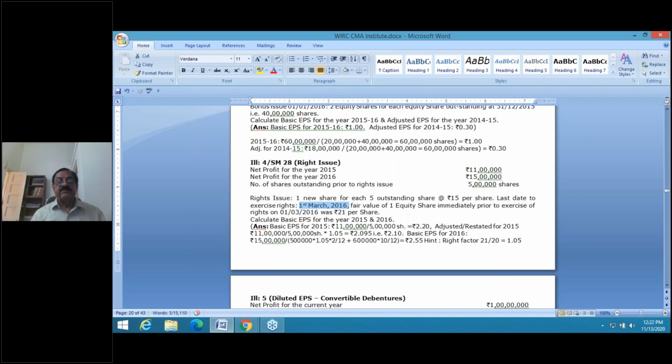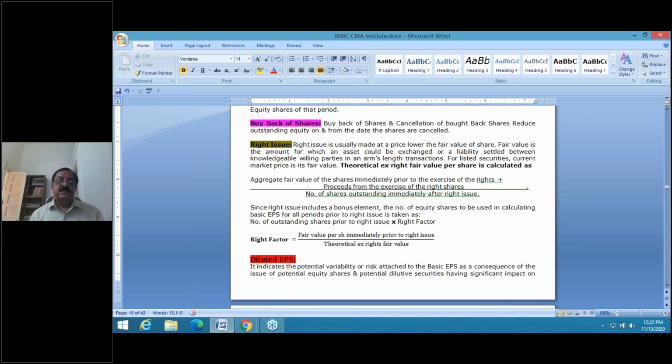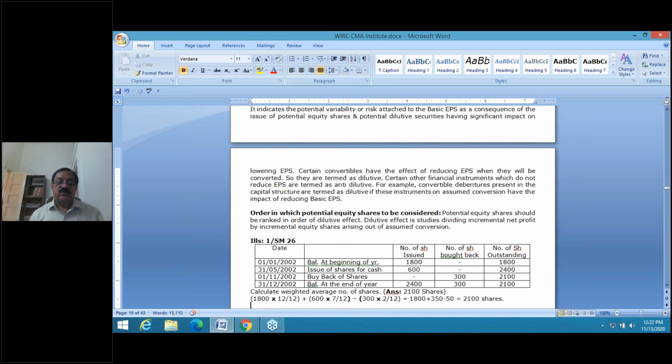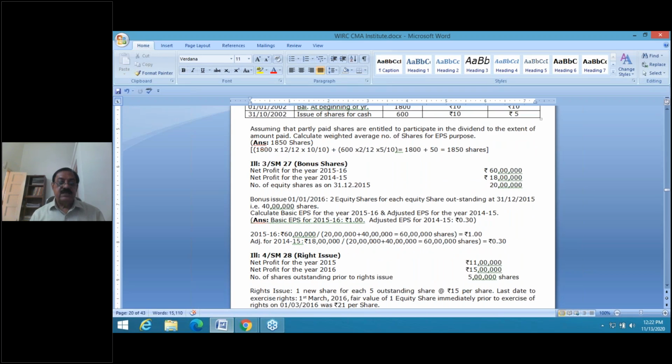So first of all, I will have to calculate the theoretical ex-right price. So what is the theoretical ex-right price? I'm going by this formula: aggregate fair value of shares immediately prior to right plus proceeds from right, divided by number of shares outstanding after right. So friends, before the right I had how many shares? 5 lakhs. Fair value was 21.